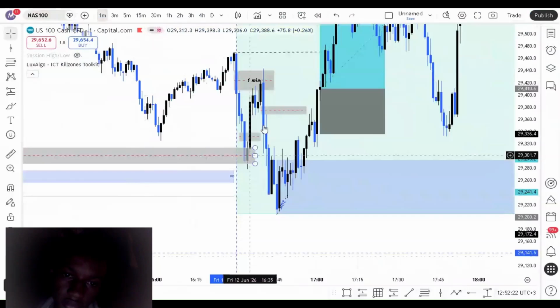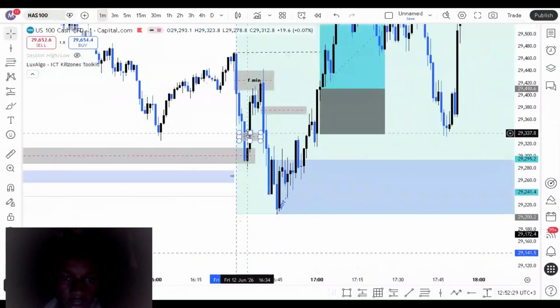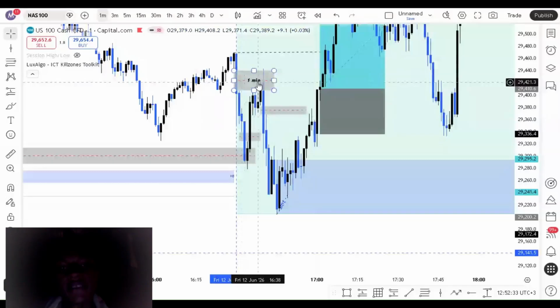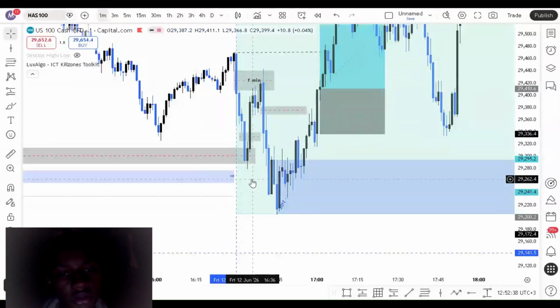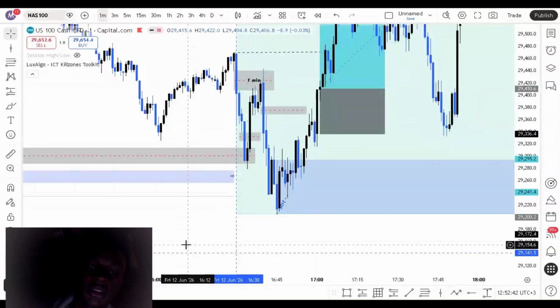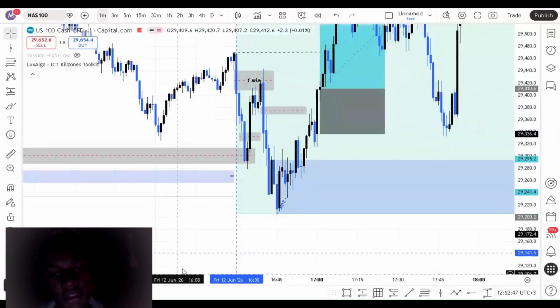If this fair value gap had worked, I planned to enter somewhere here, then target the middle of that 1 minute FVG, but found out that this candle was so big that it didn't feel good entering from there.